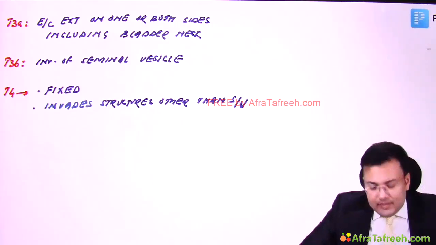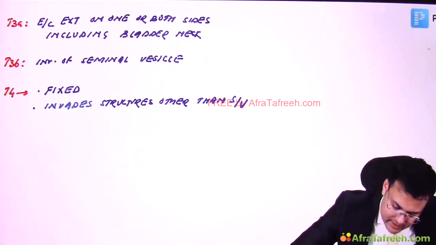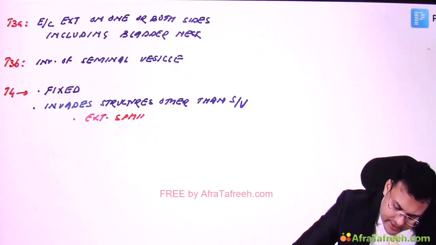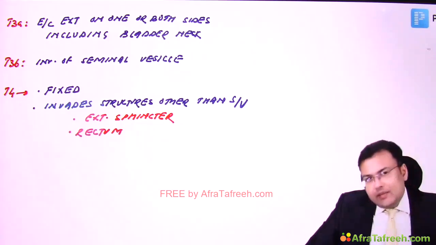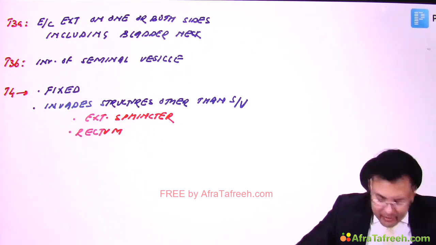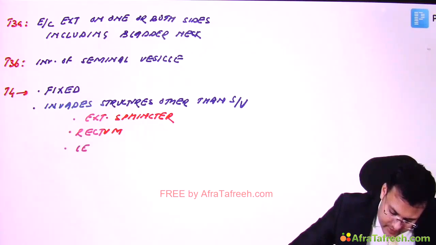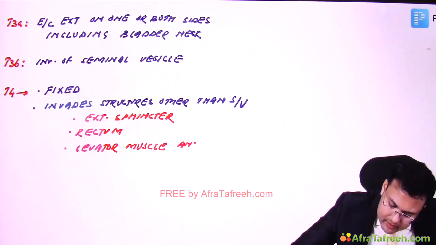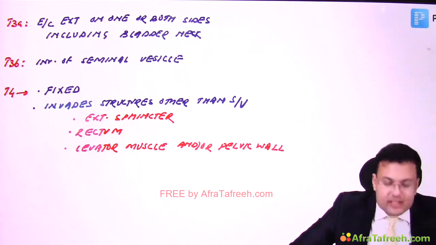So which structures can be involved in relation to the prostate? The external sphincter. There can be involvement of the rectum because it's in close relation, and involvement of the levator muscle and/or pelvic wall. Clear? So this is T.